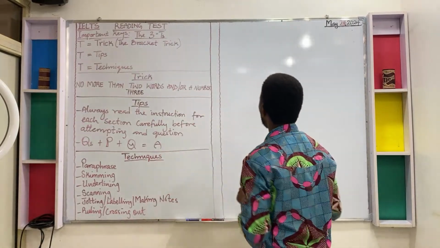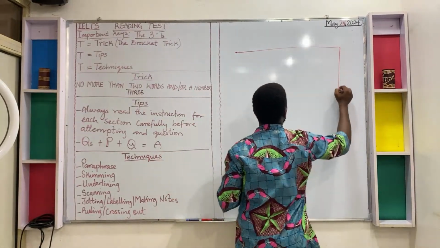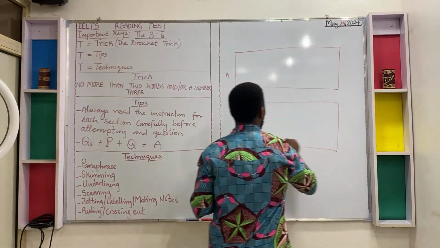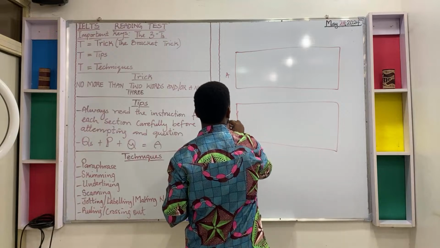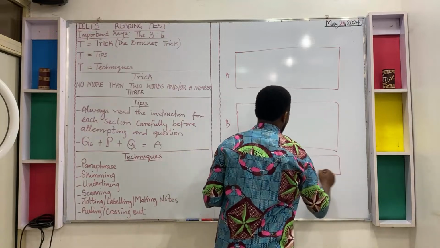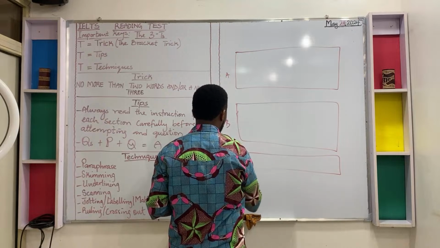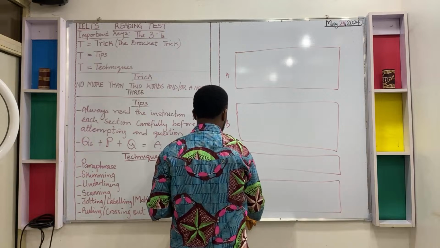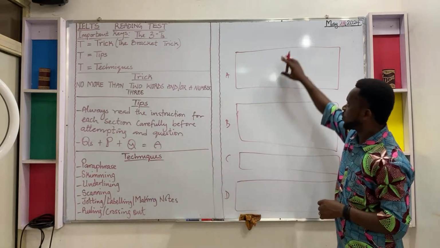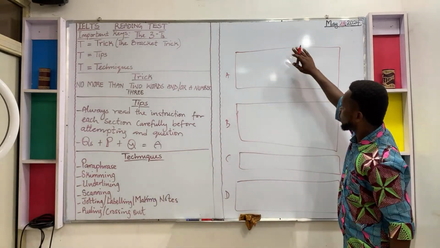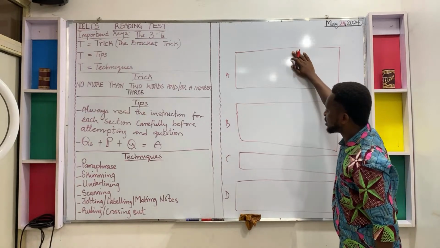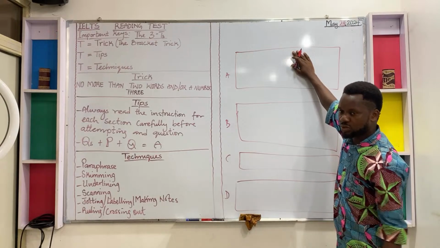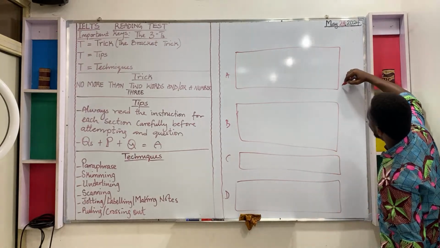Because when you have paragraphs that you have read, this is paragraph A, paragraph B, paragraph C, now, when you read this paragraph, what information or message is this paragraph trying to pass across? In your own words, you will just title it here.